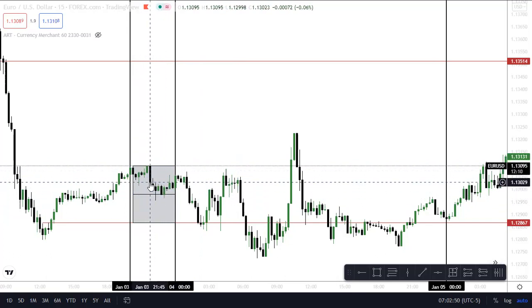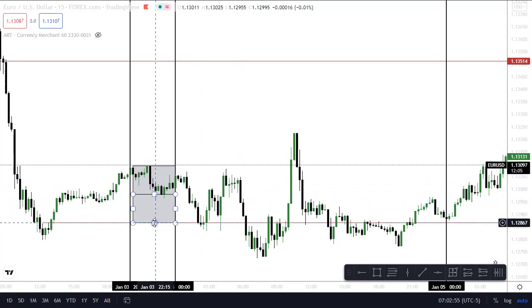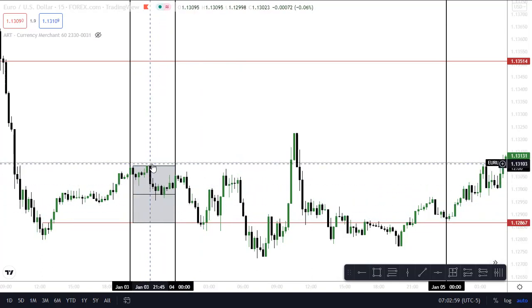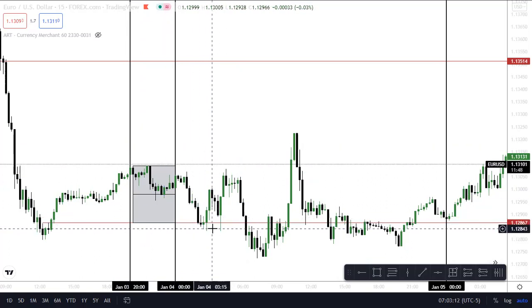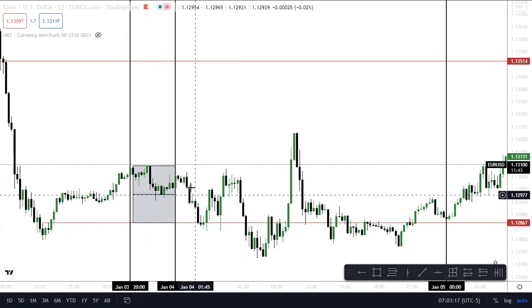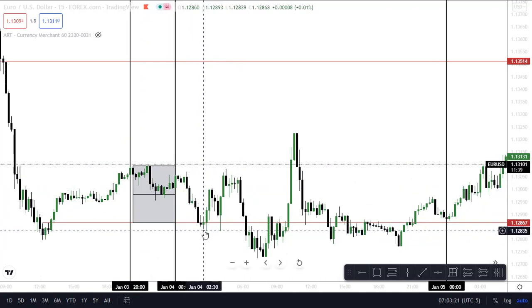So if I believe for any reason that price should go to one deviation of this range, once I stack the measurement of this range below itself like that, this area gives me one deviation of the range. And again, if you're hung up that this is where price should go to, once price goes there, you start looking for reasons to enter. Notice I did not say when price gets here, you enter. You start looking for a reason to enter.